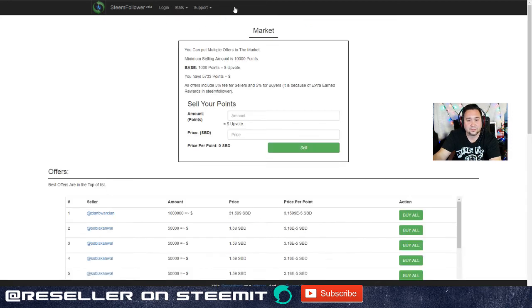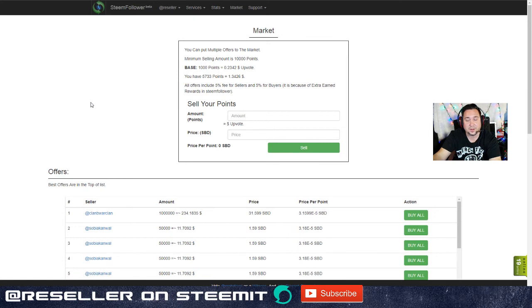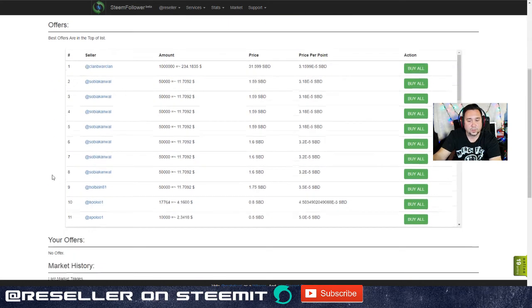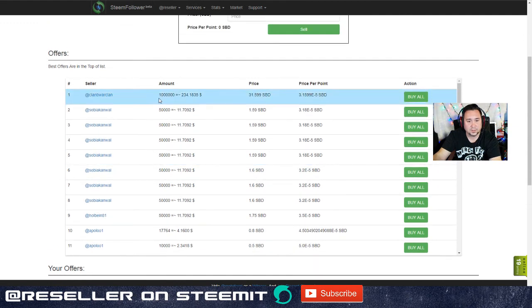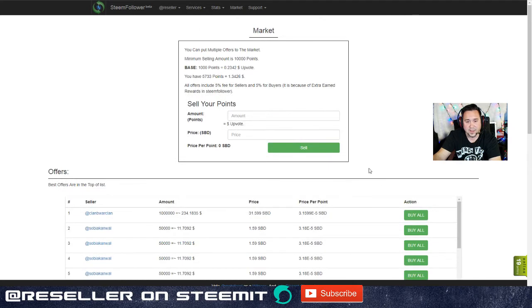The market is a very interesting thing. You're going to have to set up a password for that. What you can do is use your Steem Backed Dollars to purchase points in the system. The price has gone up a lot since Steem Backed Dollars has gone up.